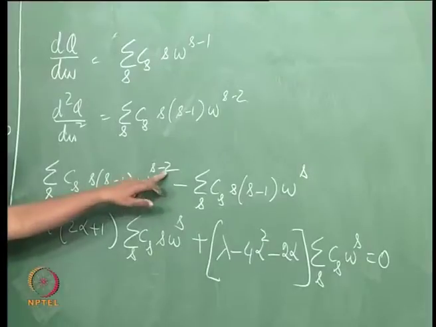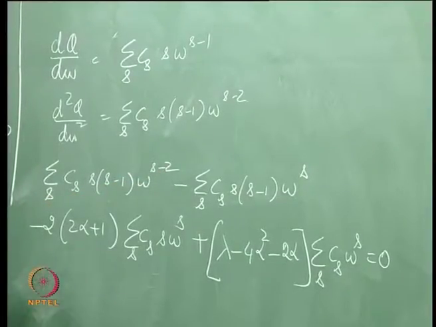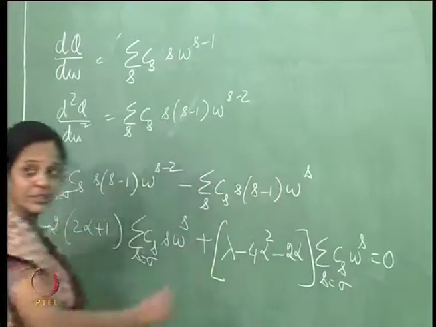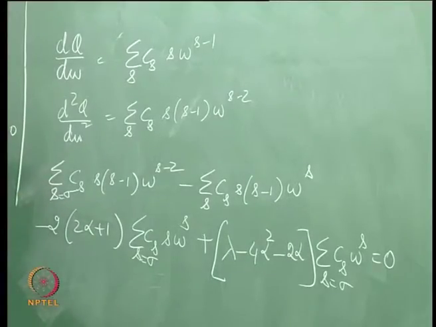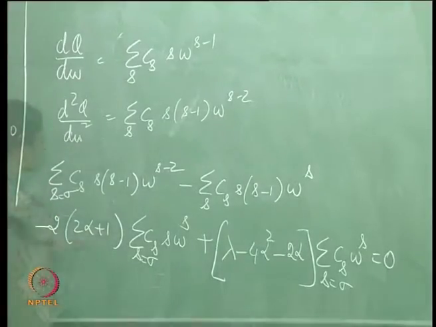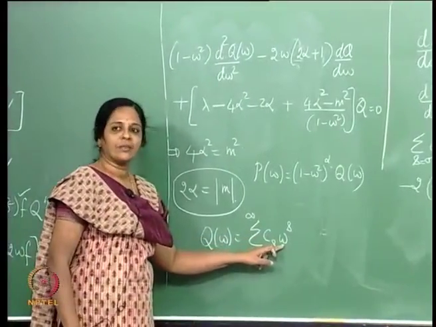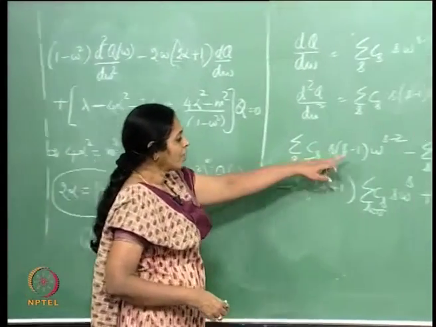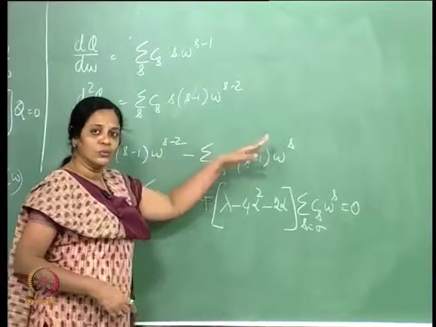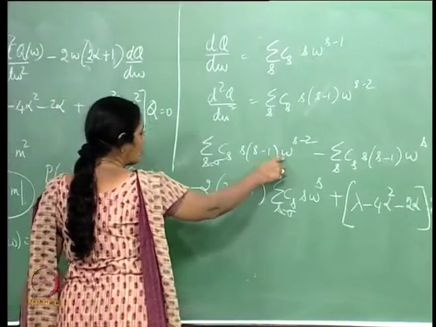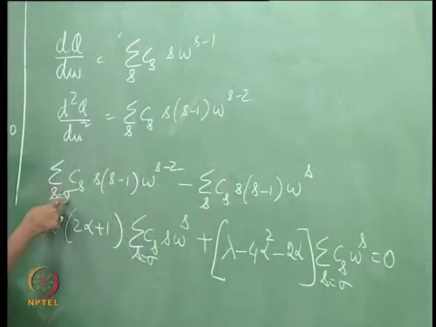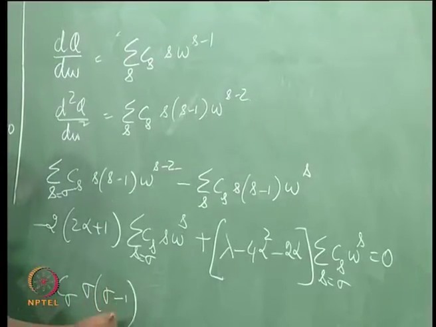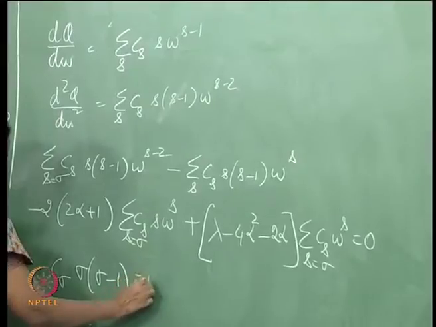So, let us look at the lowest order w to the s minus 2, and s went all the way from some value sigma to infinity. We are supposed to determine sigma. In a series expansion of this kind, you know that these behave like basis functions, and that is precisely why we are expanding it in this fashion. So, you have to equate each power of w to 0, and since this is the only contribution to w to the s minus 2, let us first start with s equals sigma. So, that tells me c sigma times sigma times sigma minus 1 equals 0.